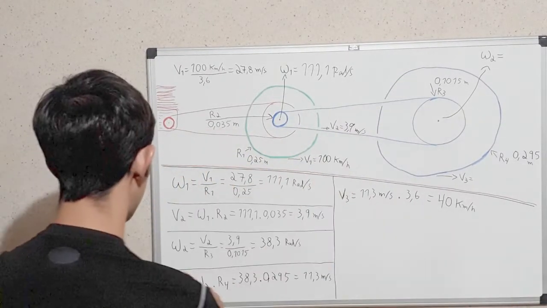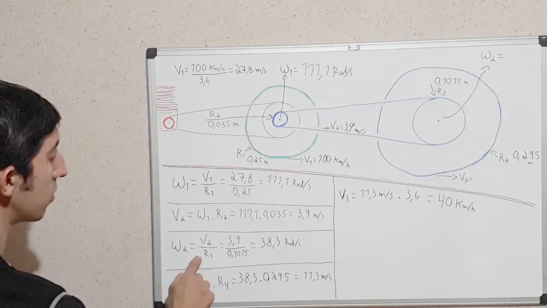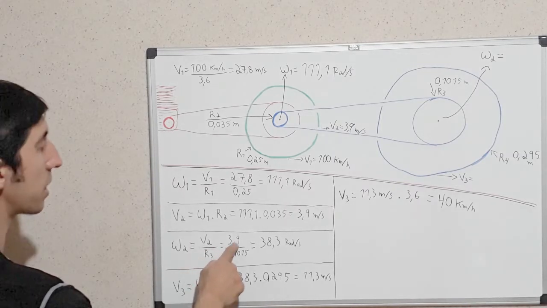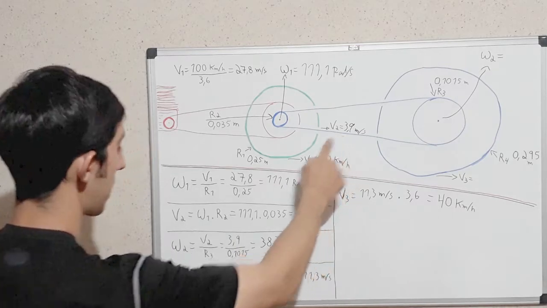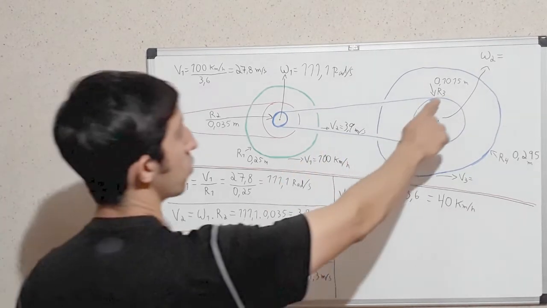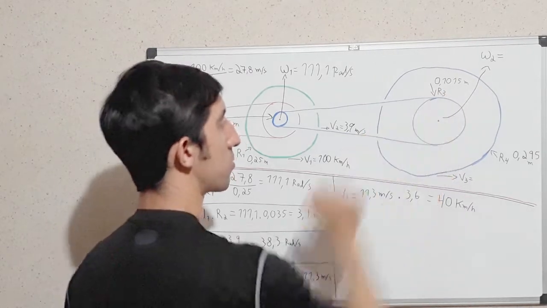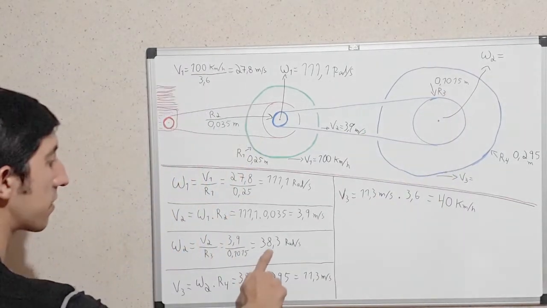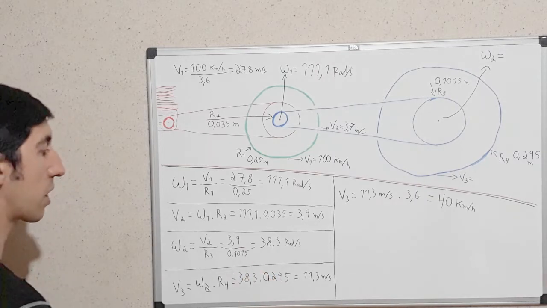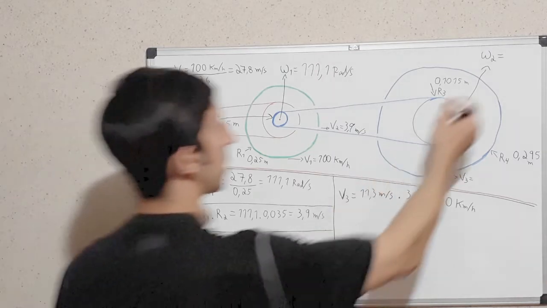So omega 2 is V2 divided by R3, which is 3.9 meters per second divided by 0.1015, the radius of that sprocket. We have the angular velocity of 38.3 radians per second here.